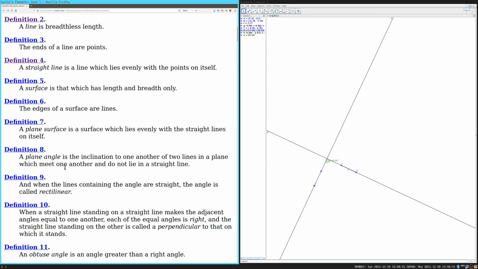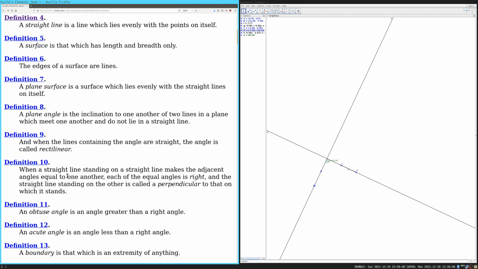A plane angle is the inclination to one another of two lines in a plane which meet one another and do not lie in a straight line. When the lines containing the angle are straight, the angle is called rectilinear. Okay. So, right, we're forgetting that lines doesn't mean straight line.